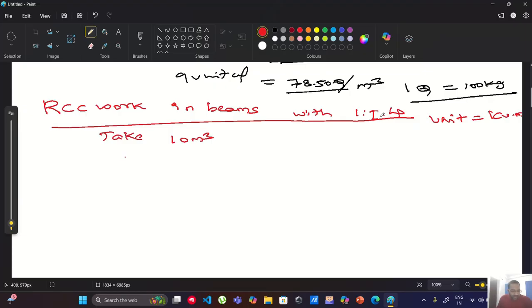I already explained the dry volumes and all those things, so I am directly going to calculate the quantity of cement.